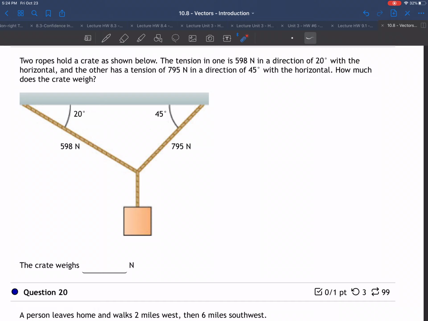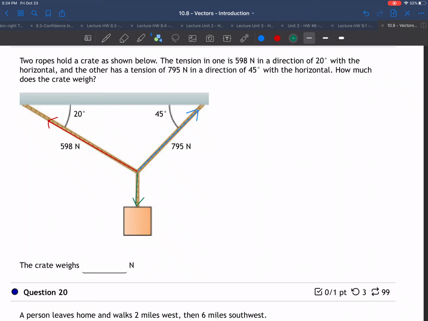Well, basically the whole deal is this is a vector problem, and you need to look at this right here. This is a vector that's pulling up to the right, and this other one over here is a vector that's pulling up to the left. So we got those two vectors, and then the crate itself has weight pulling straight down.